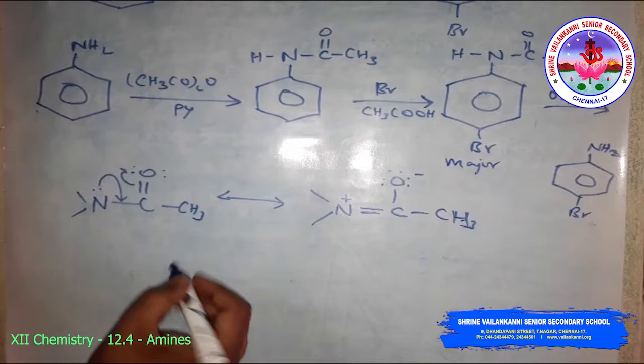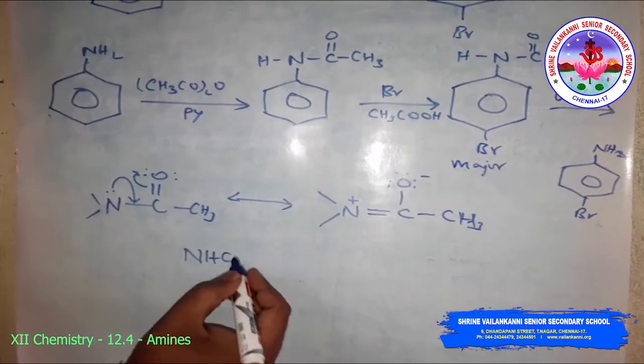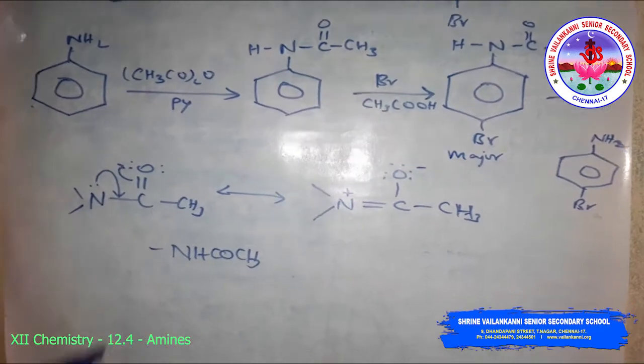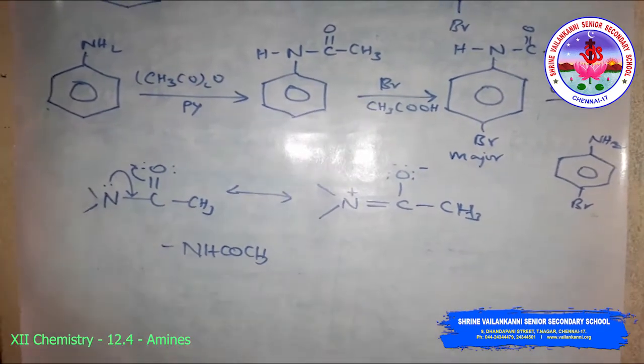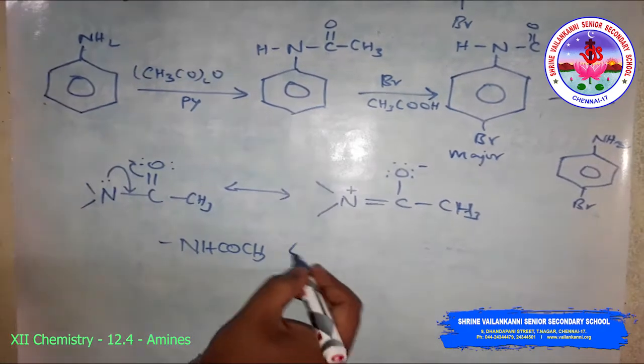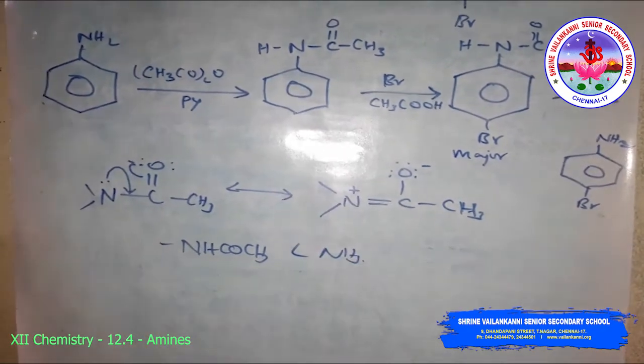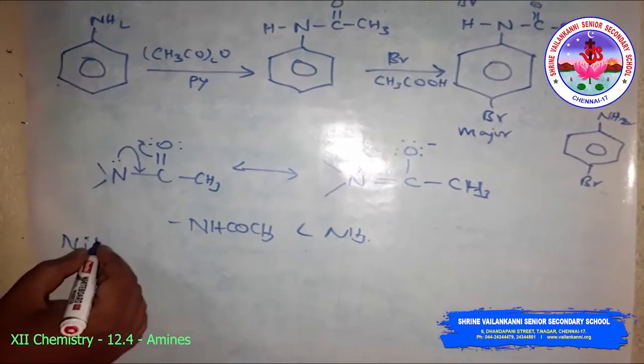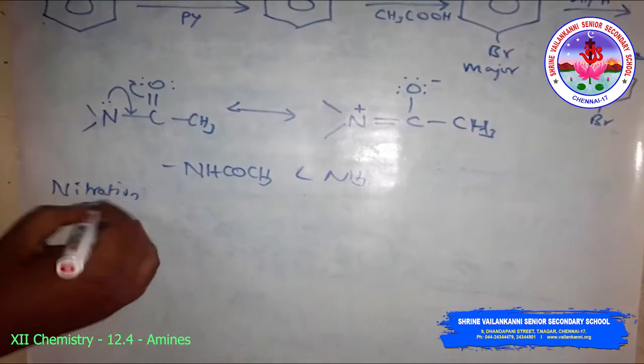Now the nitration reaction. The direct nitration of aniline yields oxidation products in addition to the nitro derivatives. Moreover, in the strongly acidic medium, aniline is protonated to form the anilinium ion, which is meta directing.